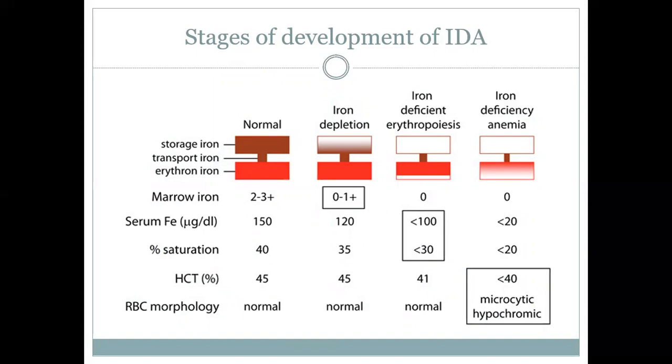And it is interesting to see that the RBC morphology is normal until the last stage, where the red blood cells become hypochromic and microcytic.